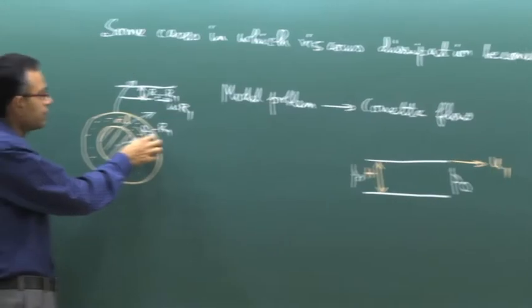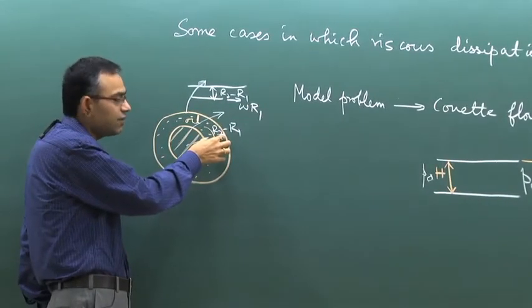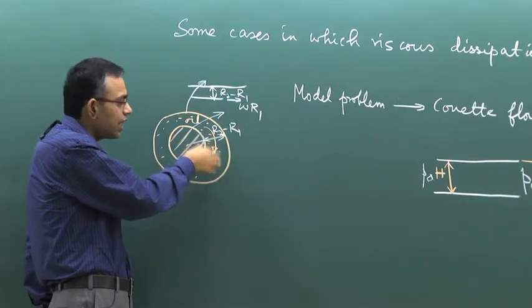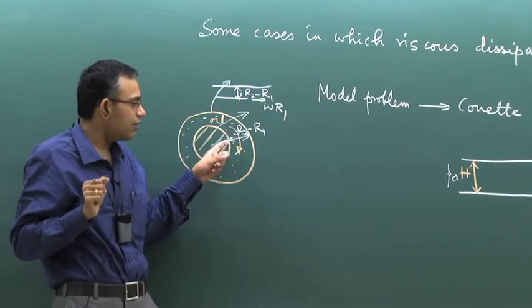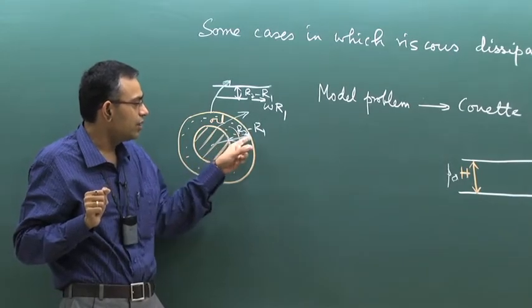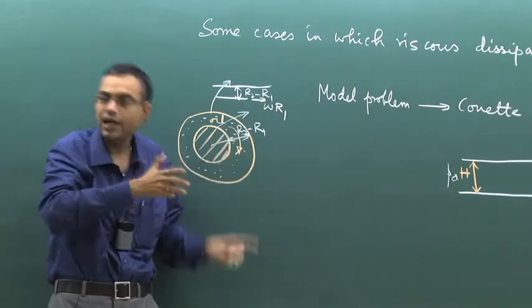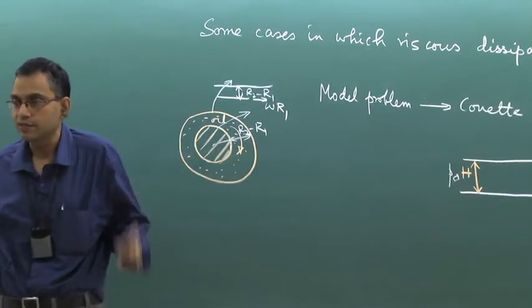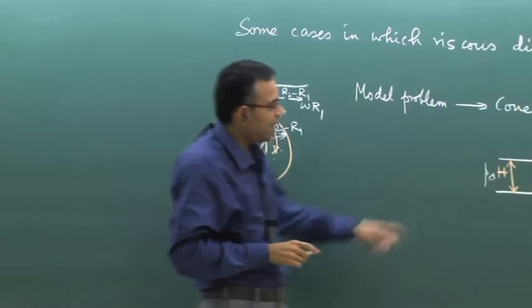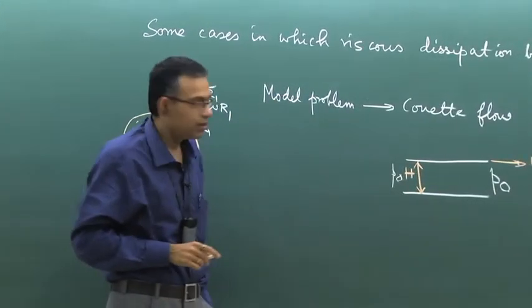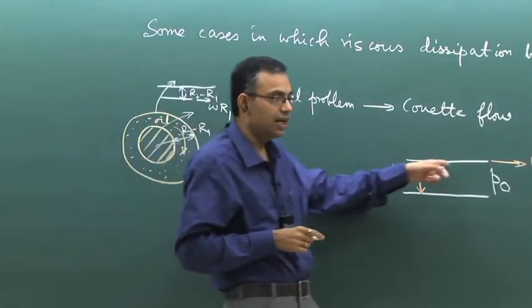Of course, here we have discussed that if the gap is narrow, then this curvature effect may be neglected, but that is not all, because even if the curvature effect is not negligible, you can analyze this problem taking the curvature into account. That is not a very big thing, but the narrow gap means, what is the order of magnitude of the velocity gradient.